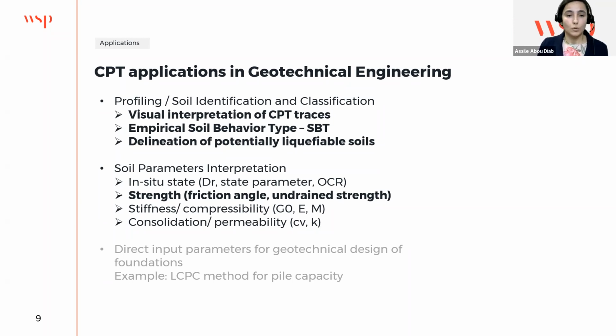CPT can also be used to interpret soil parameters, and then we can use these soil parameters in our designs and models. Parameters like in situ state, strength, stiffness, consolidation, etc. Even the CPT raw data like the cone resistance and the sleeve friction can be used as direct input parameters for some geotechnical designs of foundations, like the SCPT method for pile capacity.